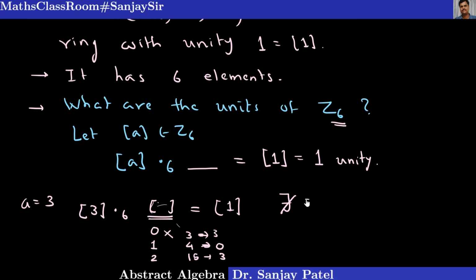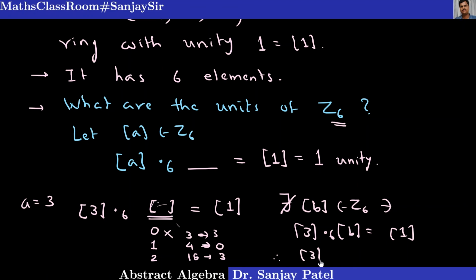There does not exist any element class B belonging to Z6 such that class 3 dot 6 class B is equal to class 1. That means the element class 3 is not a unit. Remember, in simple language, a unit means an element whose multiplicative inverse exists.